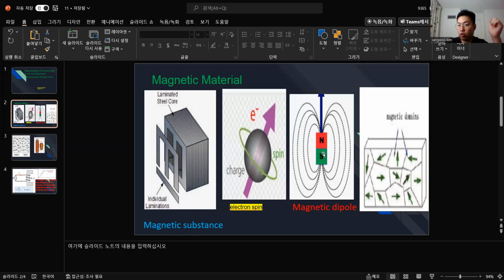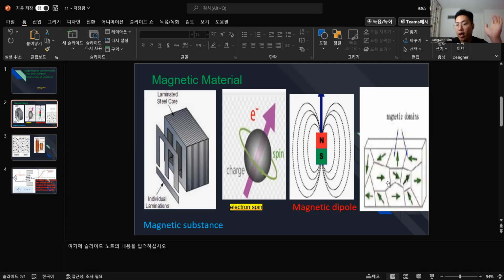Like this. And in the core there are thousands of magnetic dipoles.